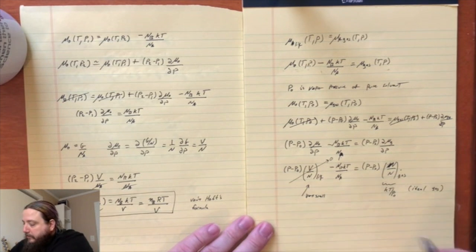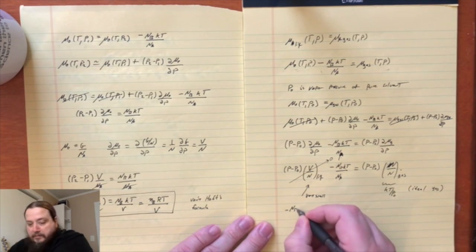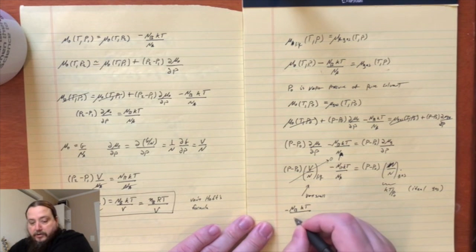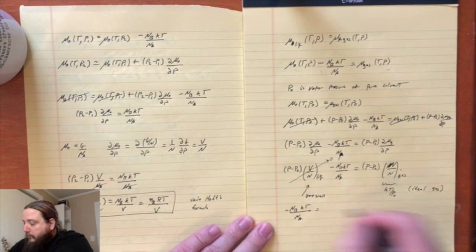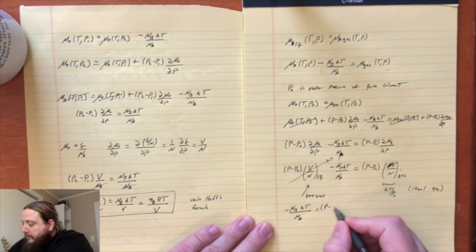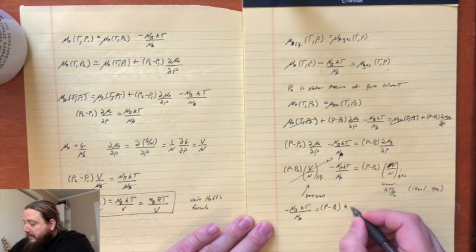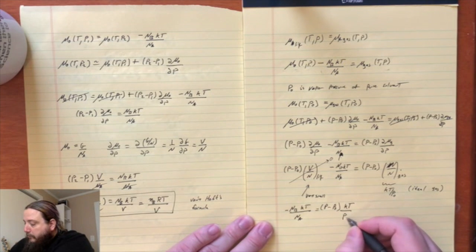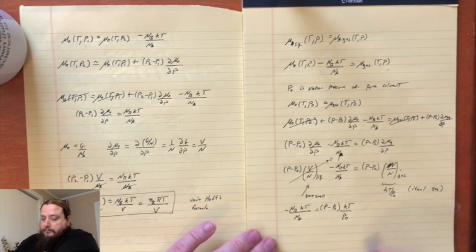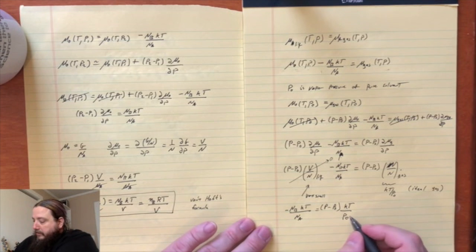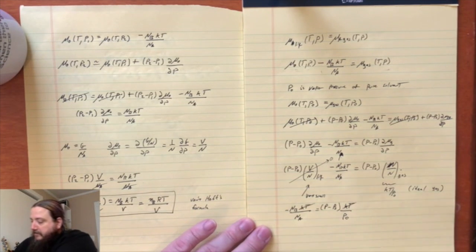And we'll be left with minus N_B kT over N_A is equal to P minus P naught times kT over P naught, which we could then cancel the kT terms, bring the P naught over.